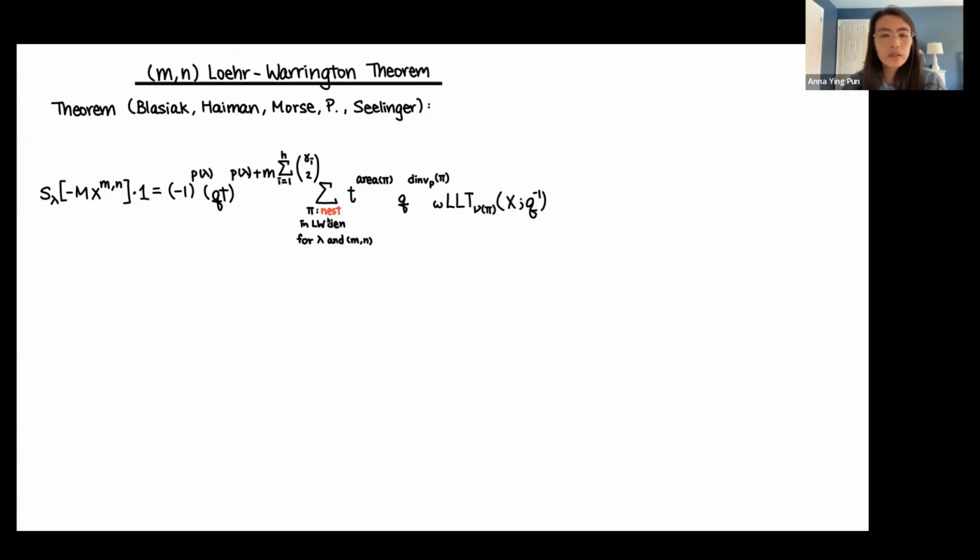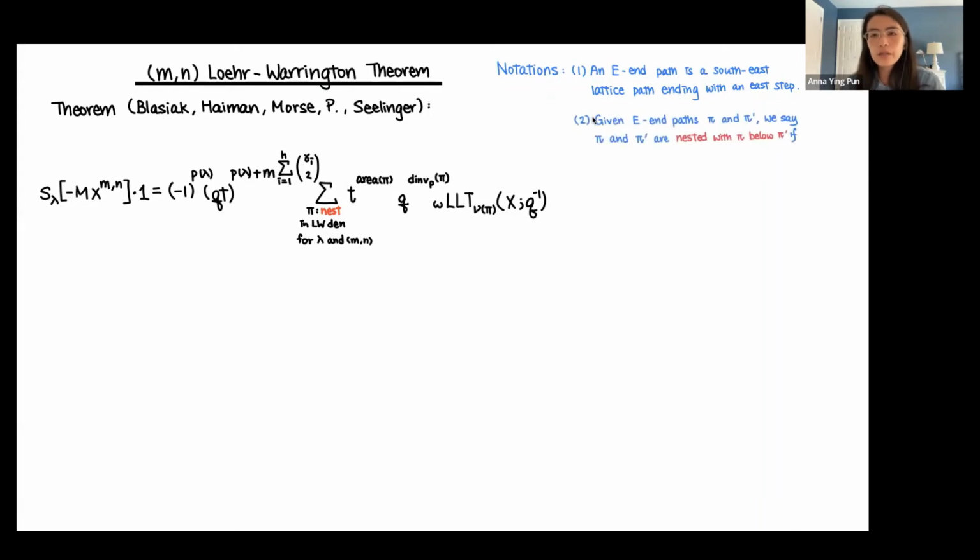And then what is a nest? Let me give you some notation. First of all, I'm going to talk a lot about something called an east end path, which just means a lattice path that ends with an east step. If you give me two east end paths pi and pi prime, what it means for pi prime to be nested below the other one is that the range of the x coordinates of pi prime is contained in the range of the x coordinates of pi.